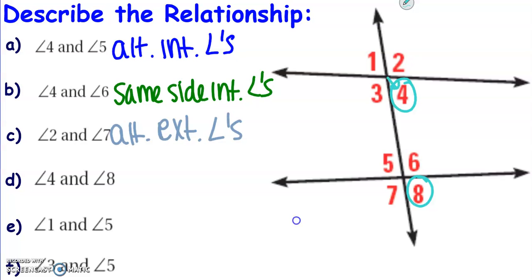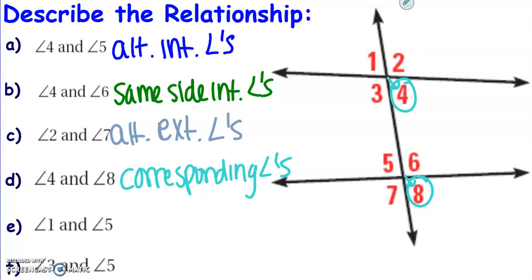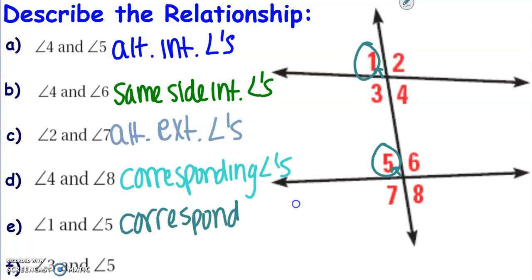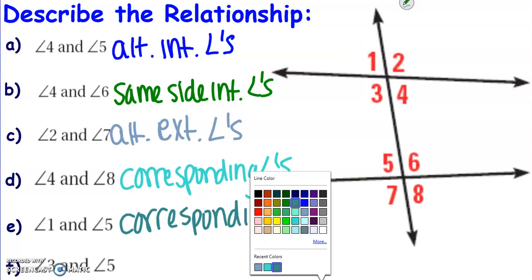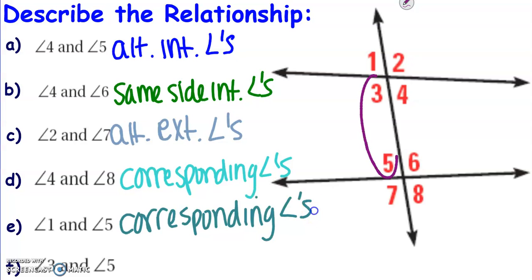Ooh, they're both in the bottom right-hand corner, so these are called corresponding angles. Angle 1 and angle 5. These are both in the top left-hand corner, so they're in the same position, so we call them corresponding angles. And our last one, angle 3 and angle 5. These are same side of the transversal and they're on the inside of my two lines, so same side interior.